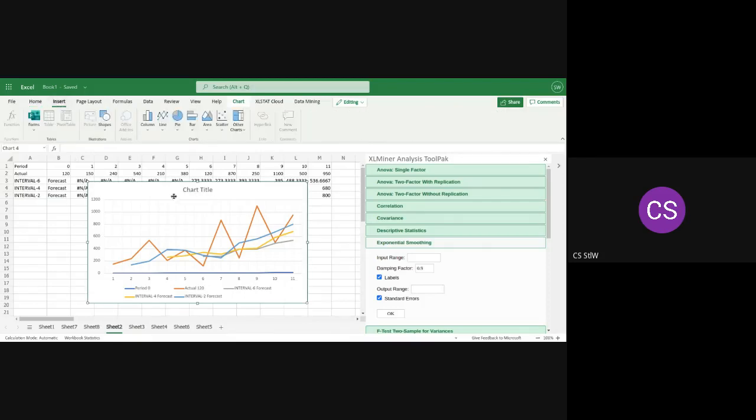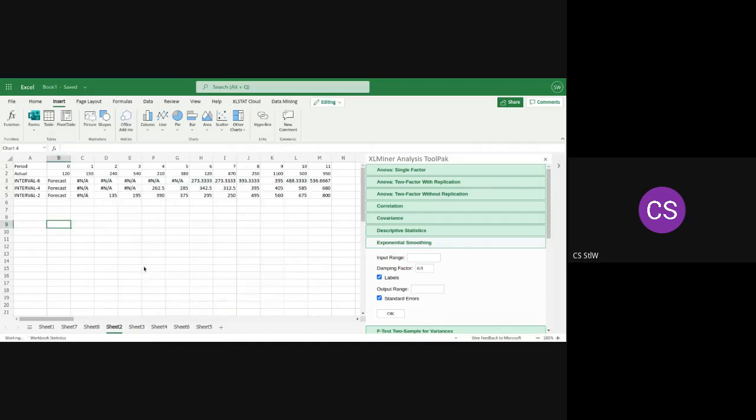So just remember that. I think it's important to do it when you're creating the chart itself. And I think we saw this in the last session.